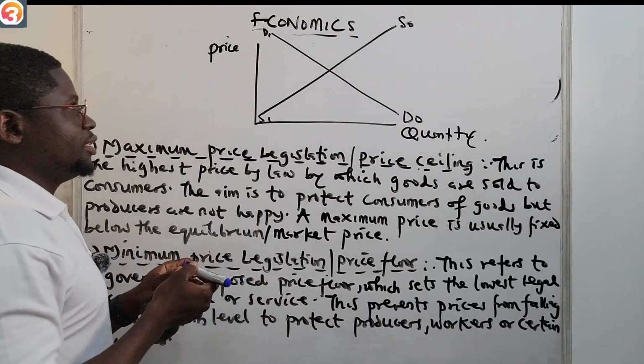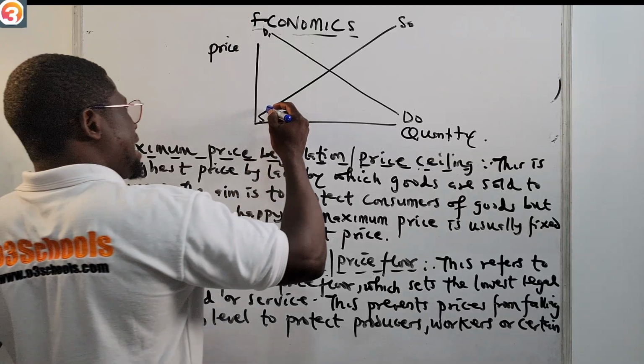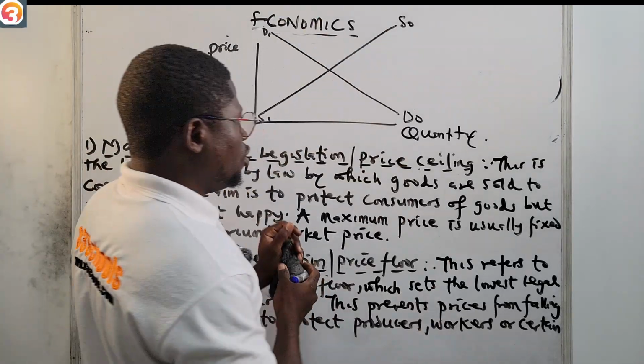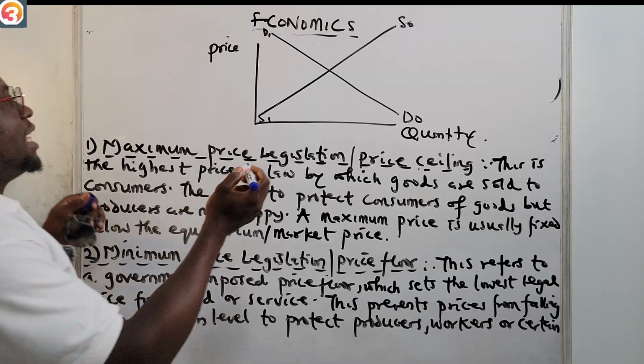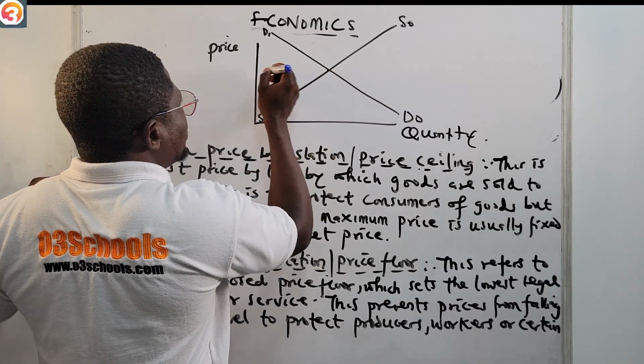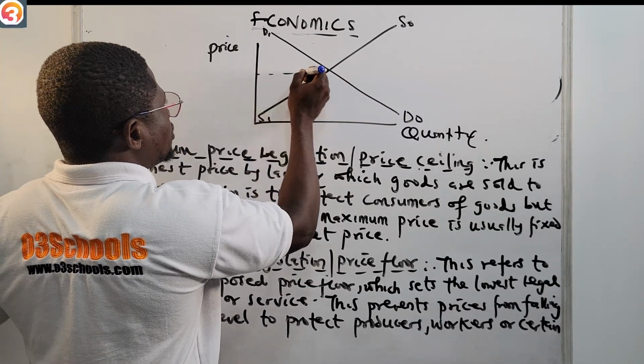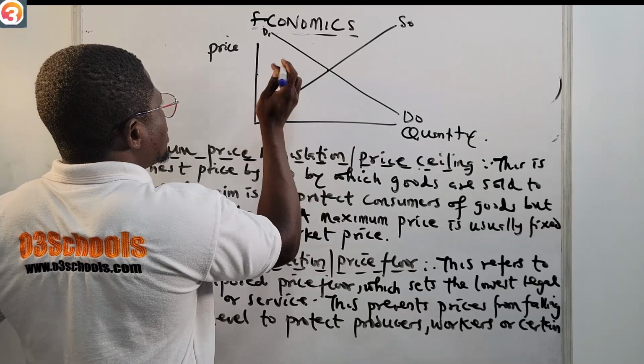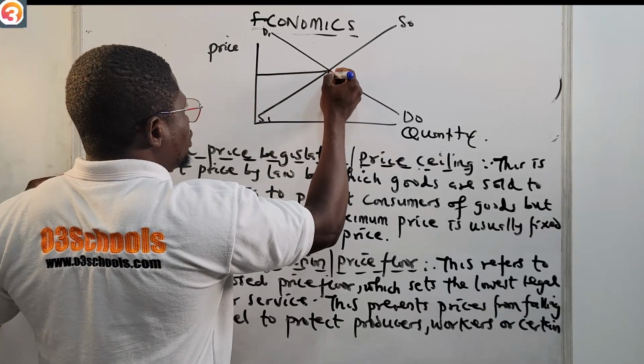Let me label them D1 D0 and S1 S0. This is our supply curve, this is our demand curve, and this is the equilibrium, where demand and supply meet. We can trace it there.